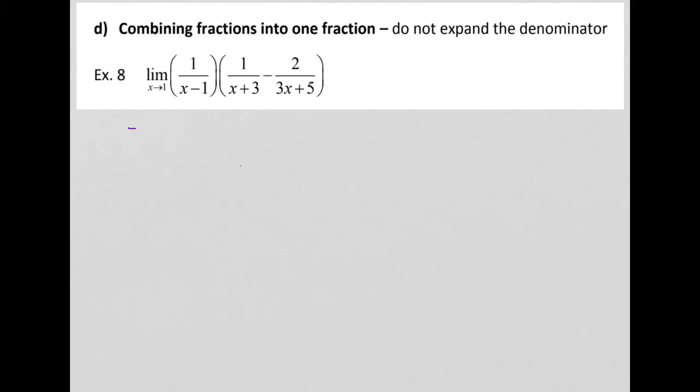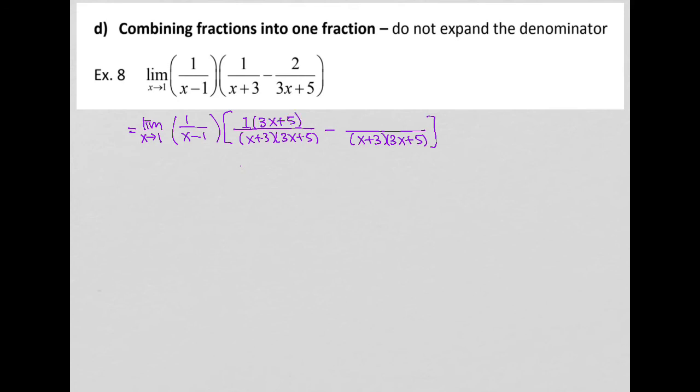So let's do this. Copy down limit x approaching 1 and copy down the first bracket. And we're going to try to do a common denominator for the second bracket. The common denominator will be x plus 3 times 3x plus 5 minus x times x plus 3 times 3x plus 5. Now let's look at the numerator. The first fraction, numerator is 1, but we have to multiply by 3x plus 5.